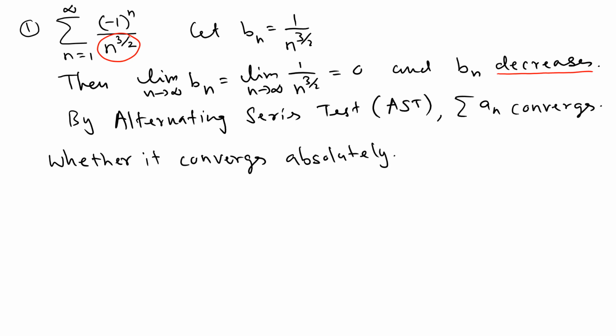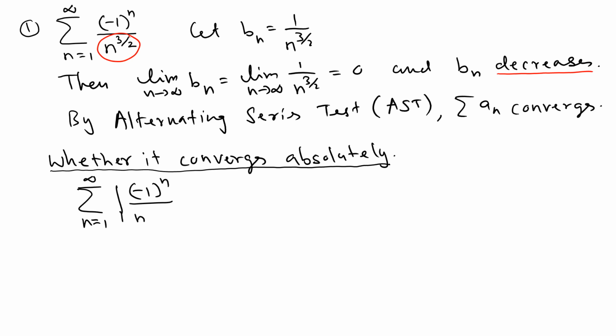If you look at the absolute series, you check the absolute value. Going from 1 to infinity, if you take the absolute value, the sign term goes away. So you simply get the absolute series, 1 over n to the 3 halves.